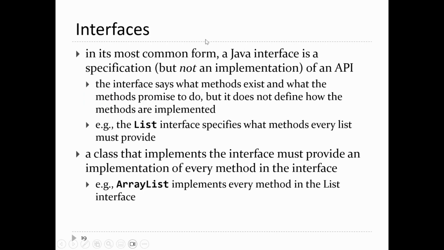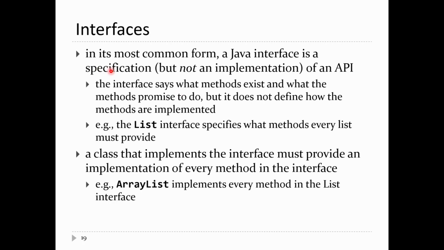So what's an interface? This is a good place to introduce them. Well, I guess we talked briefly about them when we talked about lists. In its most common form, an interface is a specification, but not an implementation, of what's called an API. An API, application programming interface, is simply a programming interface. Your interface says what methods must exist, and it also says what the methods must do.